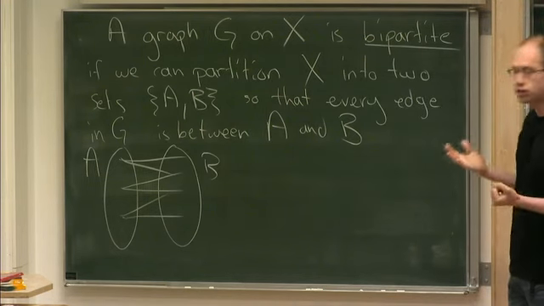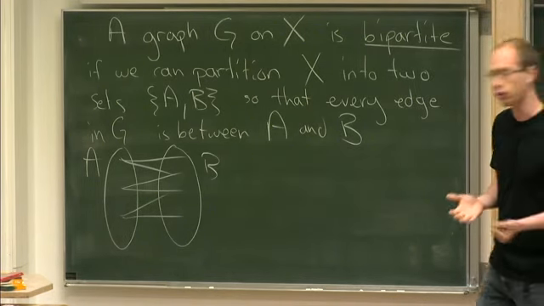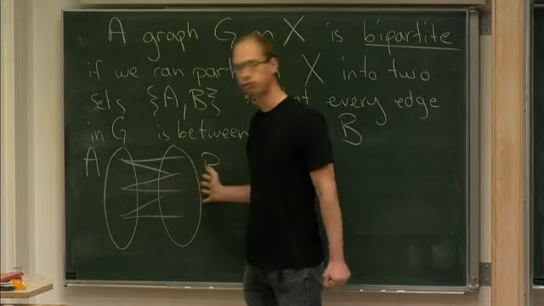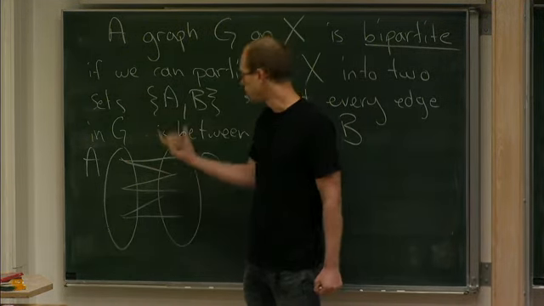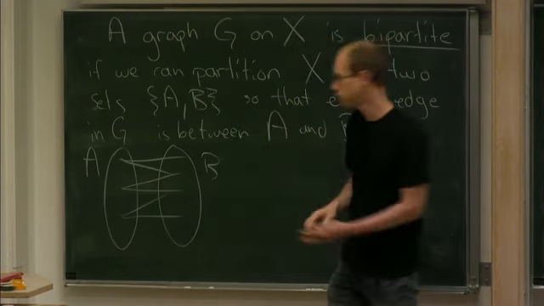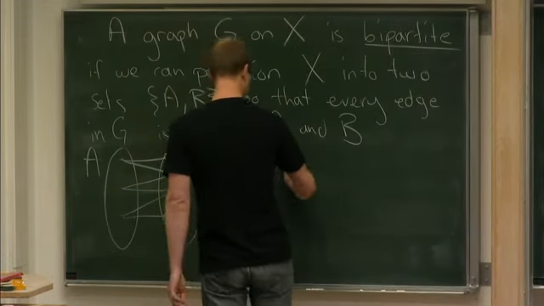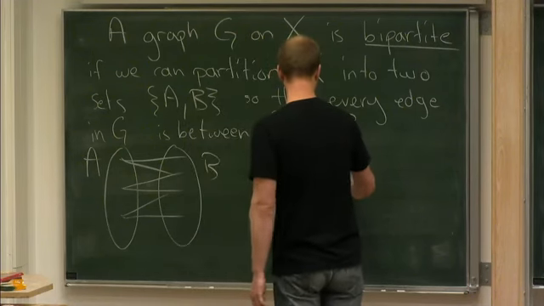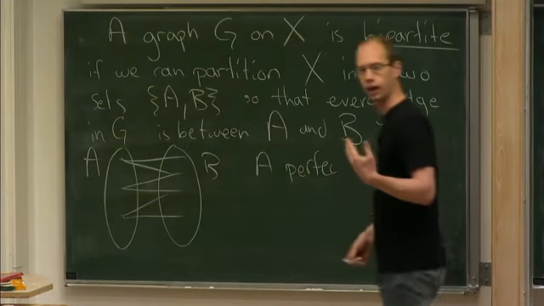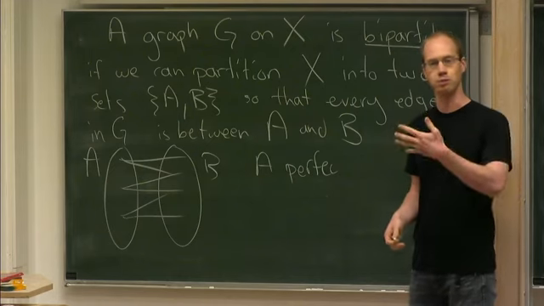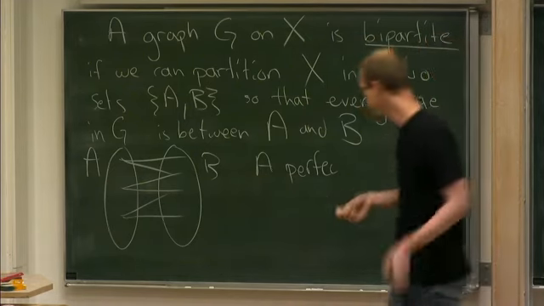So a perfect matching now of a bipartite graph is simply an injection from A to B using edges that come from the graph G. Injection or bijection? Bijection. I guess an injection would be a one-directional matching.